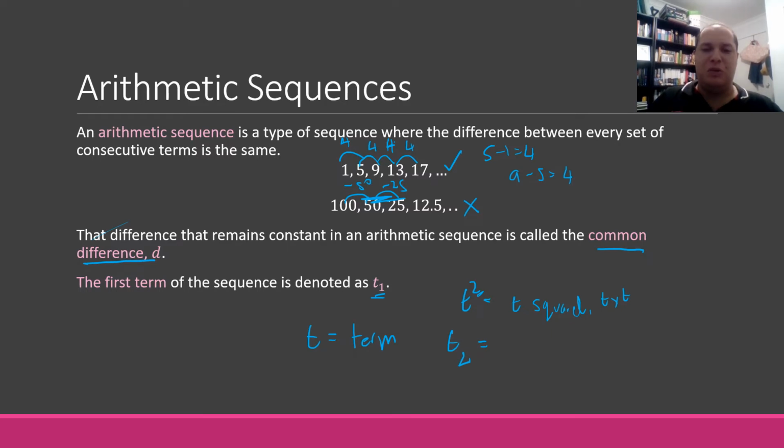So T2 means T is our term, that number 2 means it's our second term. So T5 would be our 5th term, T17 would be our 17th term, T203 is our 203rd term. So that subscript, that number at the bottom, tells us what term number we're looking at.